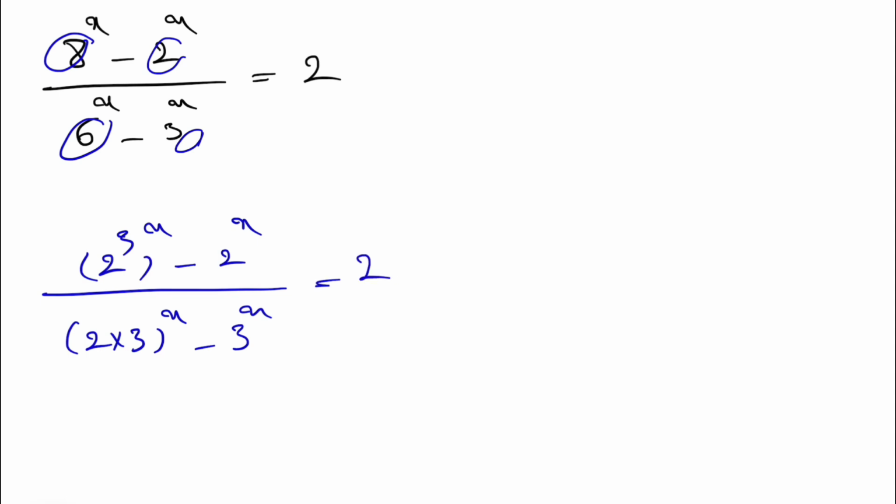And we have some laws of exponents. If we have (a^m)^n, this will be equal to a^(m·n). And we know if we have (ab)^m, this will be equal to a^m times b^m.